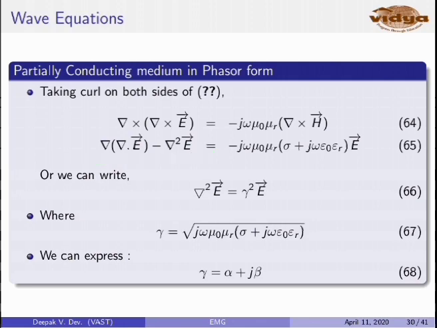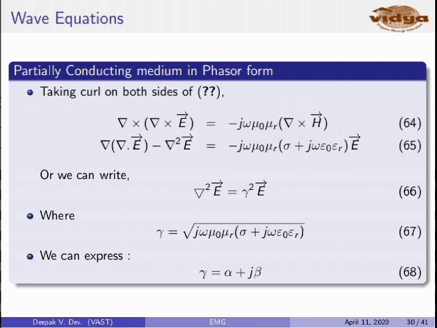In equation 65, del dot E is equal to 0. It is in the previous slide. Del dot E is equal to 0, and it becomes minus del square E is equal to minus j omega mu 0 mu r into sigma plus j omega epsilon 0 epsilon r into E. Both minus signs cancel, and this complex quantity can be represented by a letter gamma square.